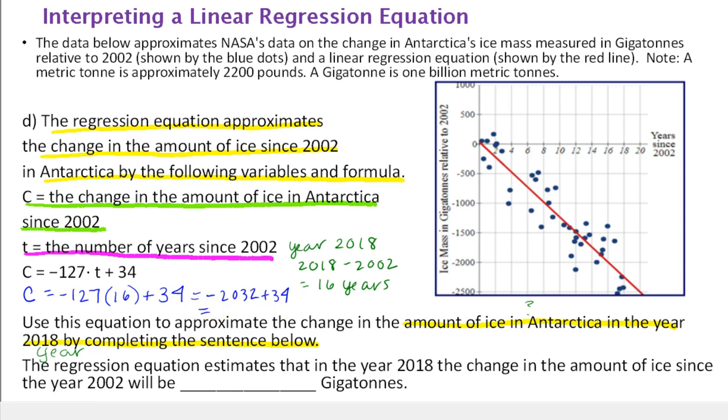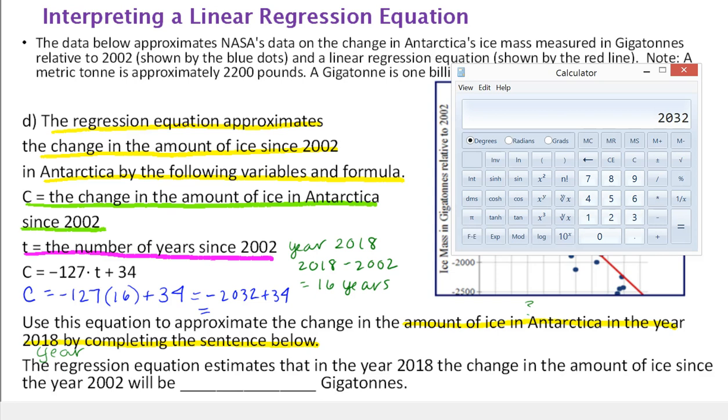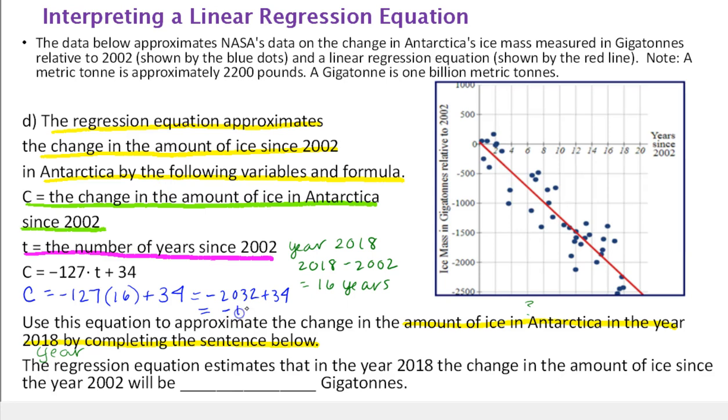And if I add 34 to that, since this is negative and positive, your calculator may have a negative button. I just don't know how that works. We want to find the difference between these two values. Notice that it would increase 2032 by 34, so this is going to be negative 1998. But basically, we'll just take this difference. There's 1998, and since the bigger number is negative, we have negative 1998.